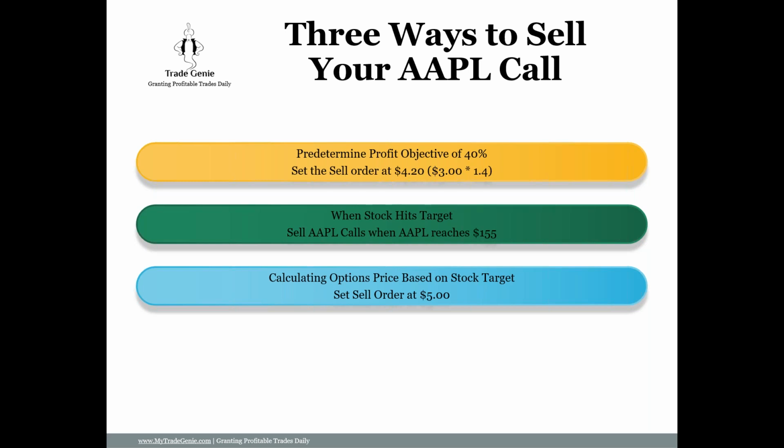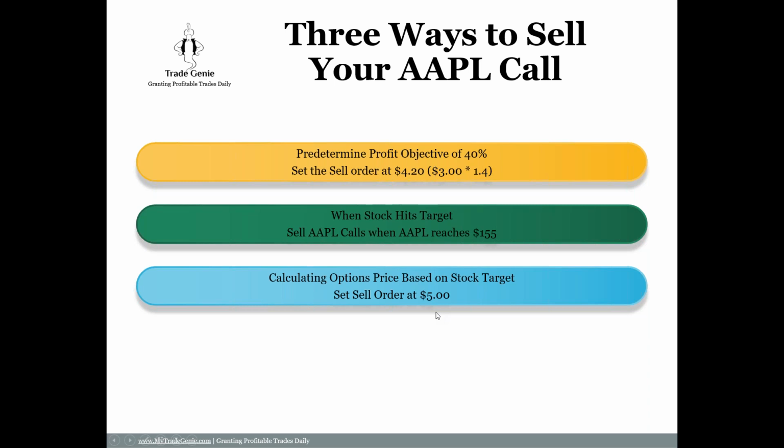There are the Black-Scholes formula and binomial formulas for calculating option prices. Mostly it's the Black-Scholes formula. So a lot of variables are behind it, and then it gives you a number to set the sell order at, 5. So you say, okay, I'll set the sell order at 5. Profit objective 40% is 4.20, but you say, okay, when the target is hit, the price will be 5.